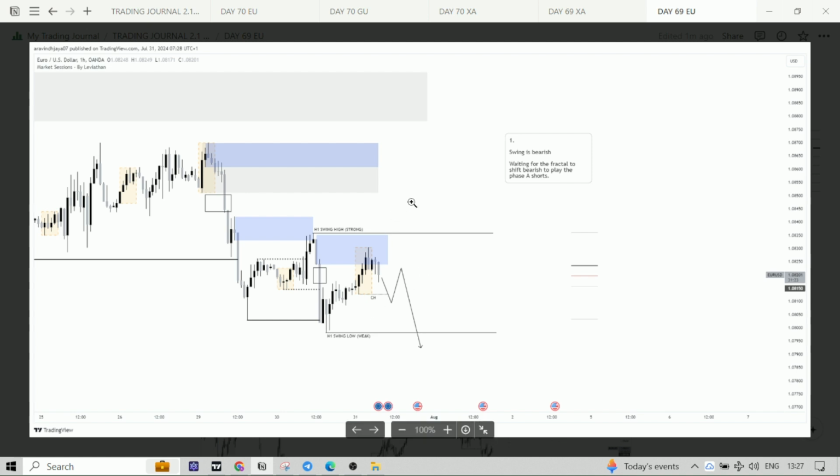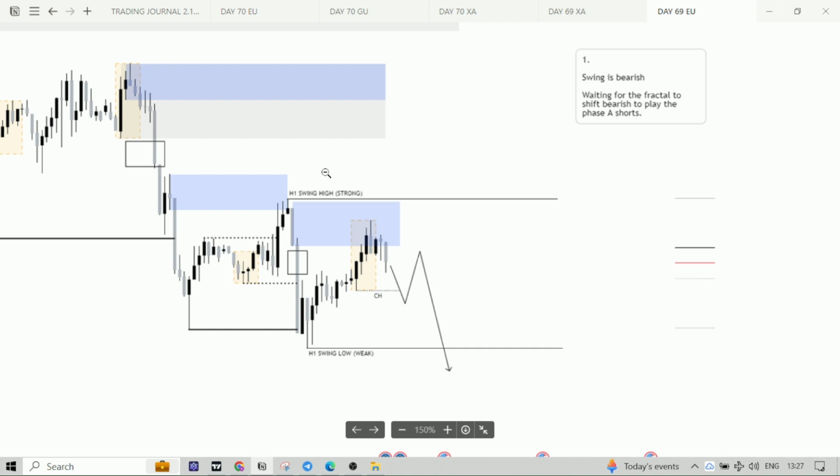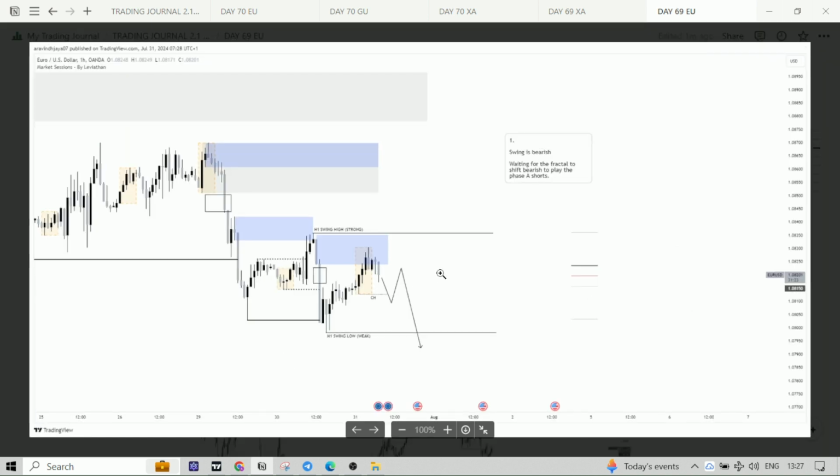If this fails, then I could reanalyze and remap the market structure. But for now, I assume this to be my strong high, and I waited for this fractal low to go, and then I could look to trade that fractal, the bearish order flow, till it takes out this H1 swing low. So this would be the phase A shots.